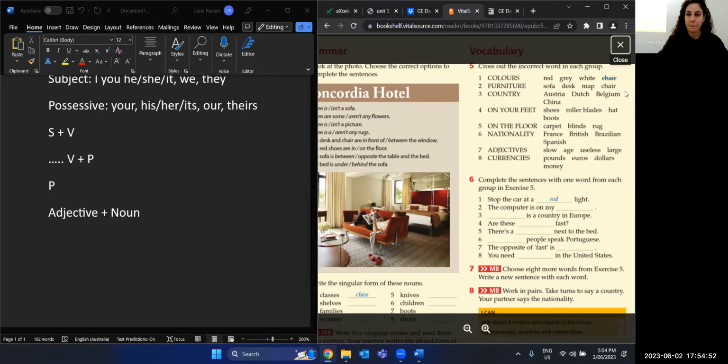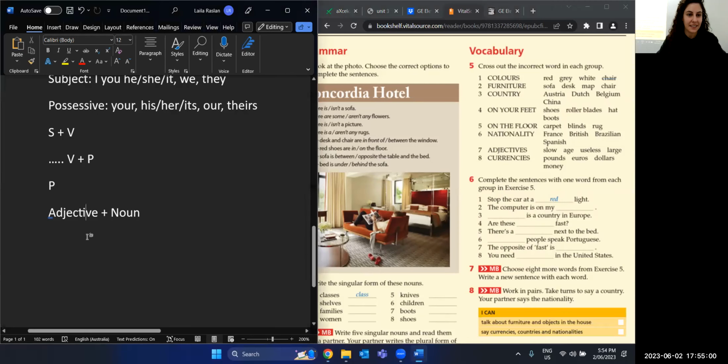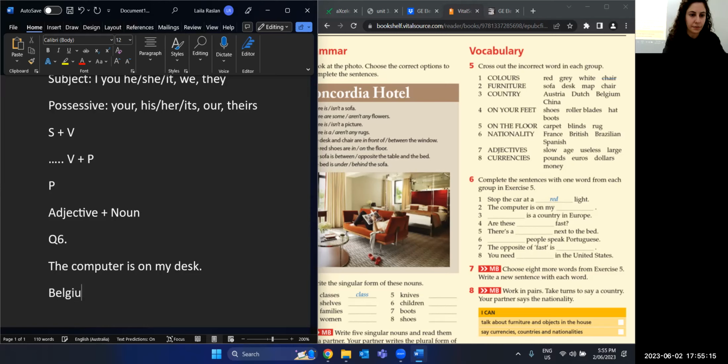Are these rollerblades? Yes, are these rollerblades? So let's write these, question 6. So the computer is on my desk. Belgium is a country in Europe. Are these rollerblades fast?